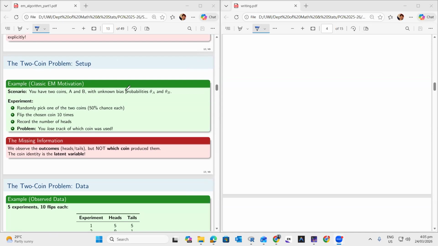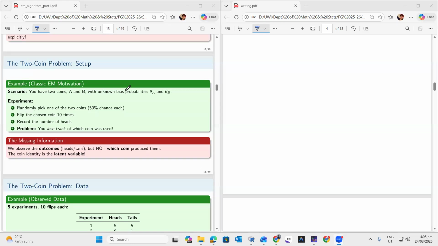So the scenario was like this: suppose we conduct 5 experiments, and in each experiment we toss a coin 10 times.